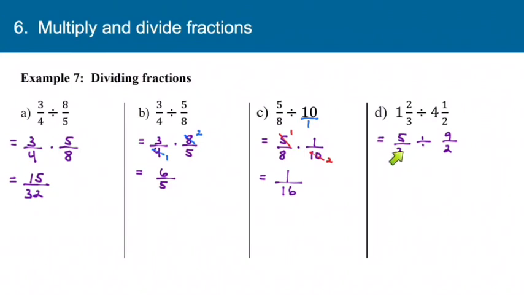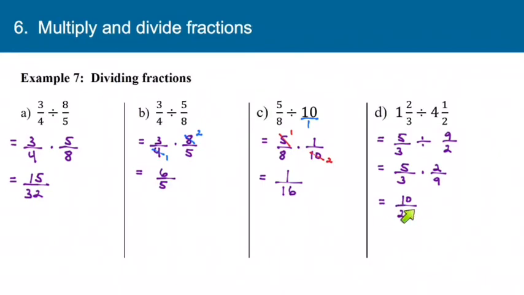So now we have 5/3 divided by 9/2, and I haven't yet converted to multiplication form, so now I'll do that, and this problem will become 5/3 times 2/9. And now ask yourself if there's anything you can cross out top and bottom, and there is not, so we'll just have to do top times top is 10, and bottom times bottom is 27.